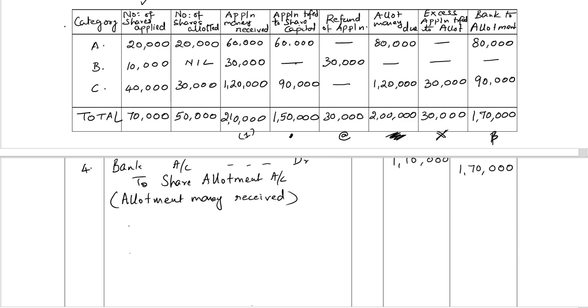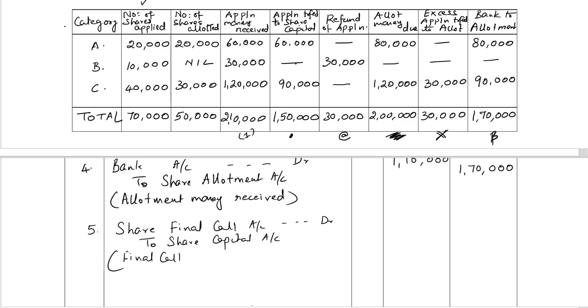The fifth entry is to make the share final call due. Share final call account debit to share capital account. For final call money due, the amount due 50,000 shares multiplied by final call of rupees 3 per share, 1,50,000 rupees.